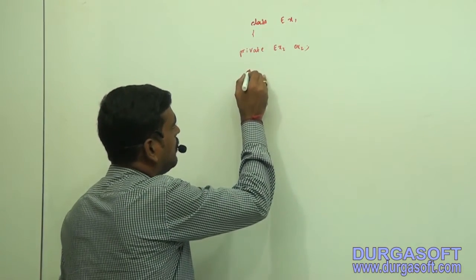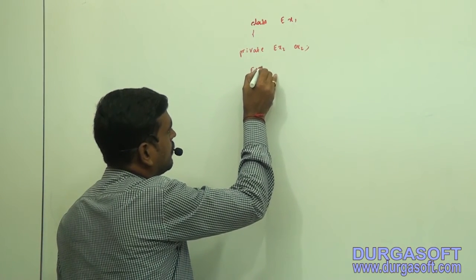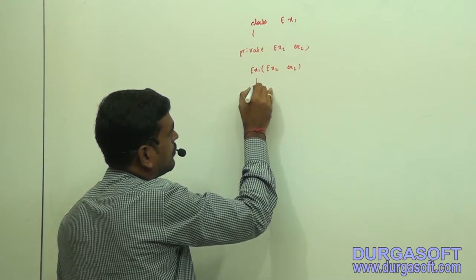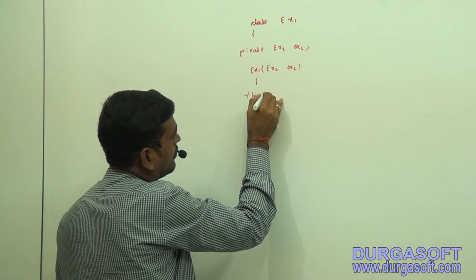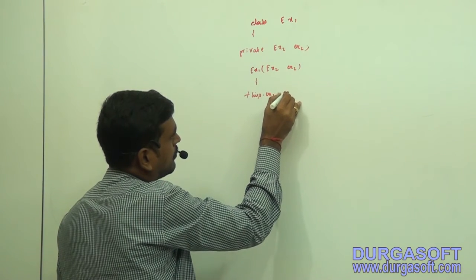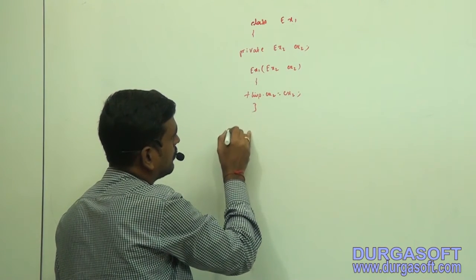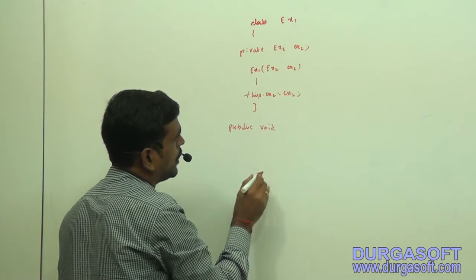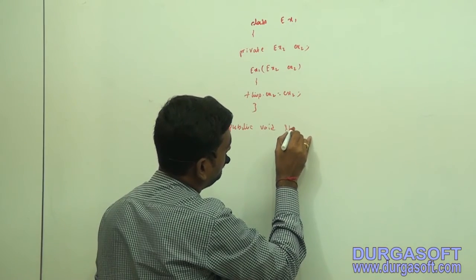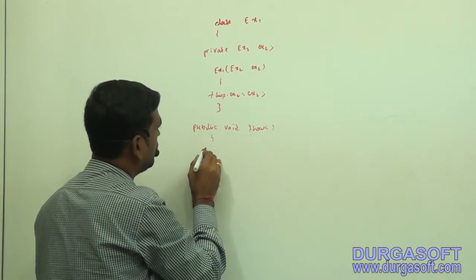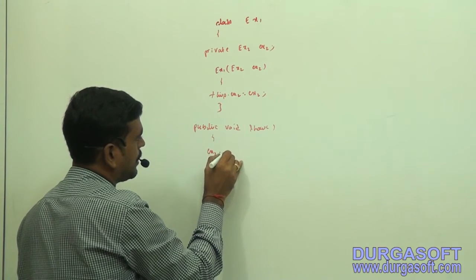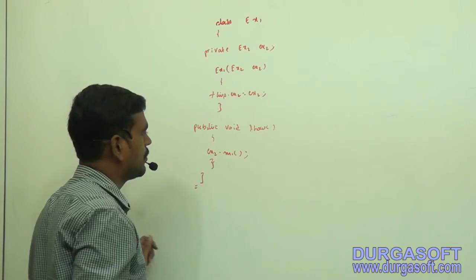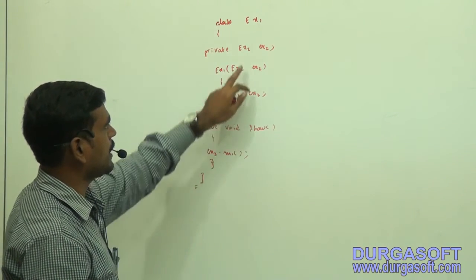See now here, EX1. Public void show. Now ex2.m1. So the m1 method is available in EX2.